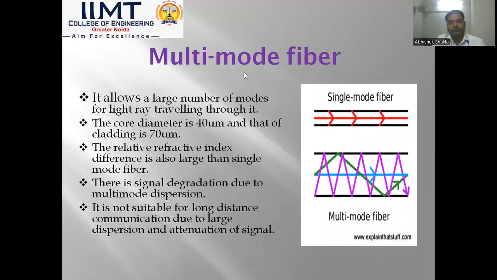Now, in multi-mode fiber, multiple signals can be transmitted in a single fiber, as multi means many. As you can see from the picture, the multi-mode light goes through the fiber: one goes this way, one goes upward and down, and one goes straight, all in one single fiber.